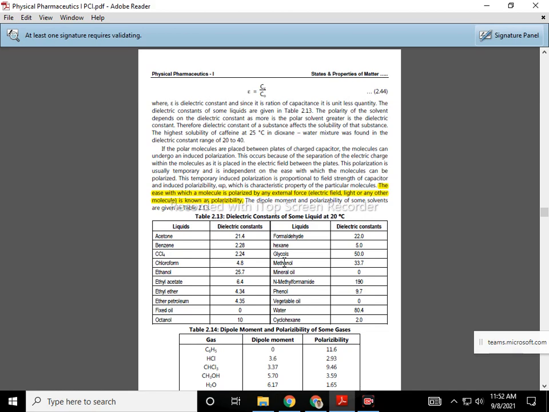Dielectric constant we are getting by finding the ratio of capacitance of sample divided by capacitance of vacuum.